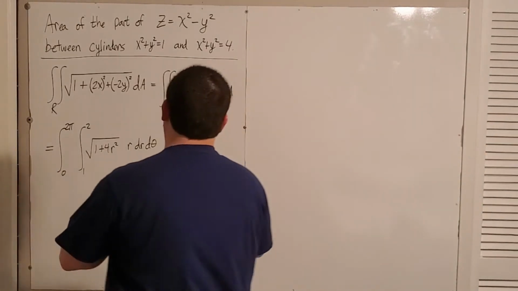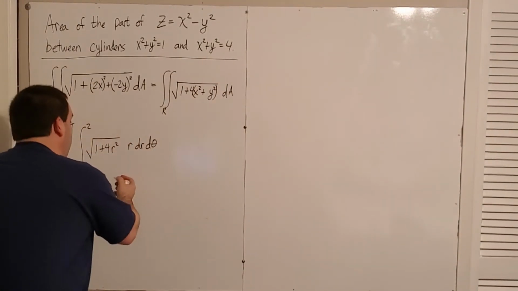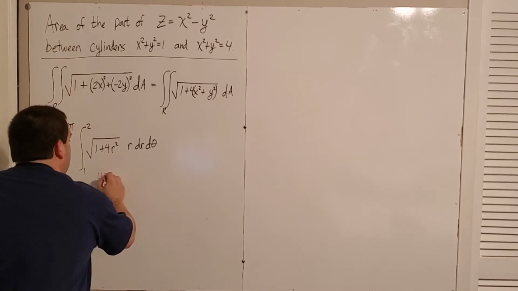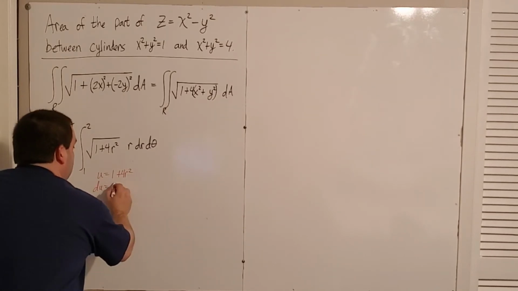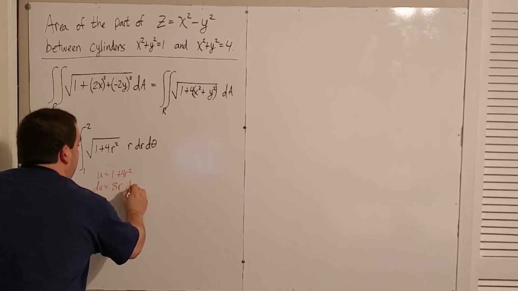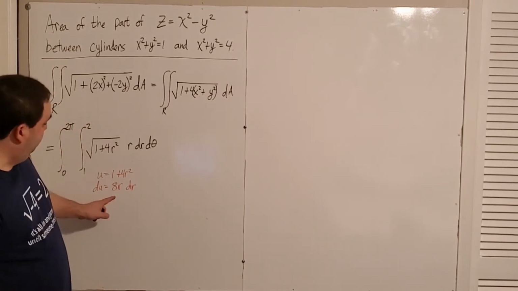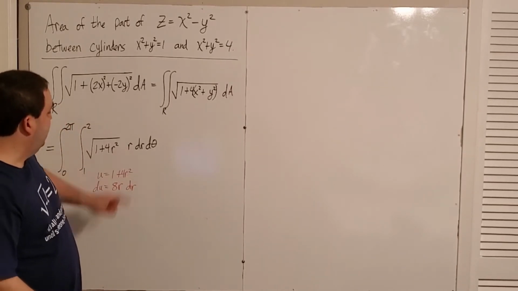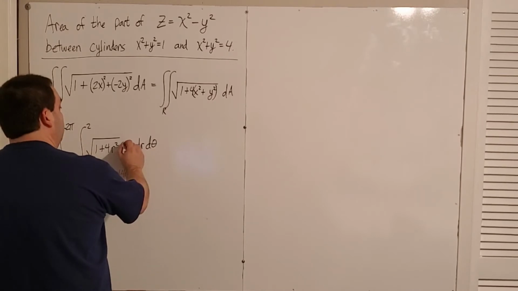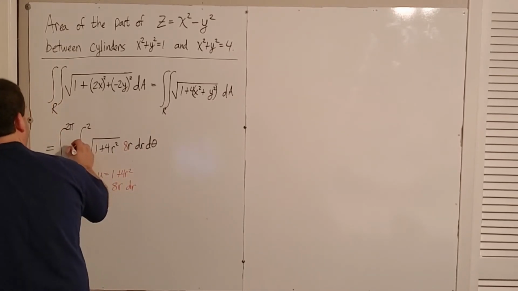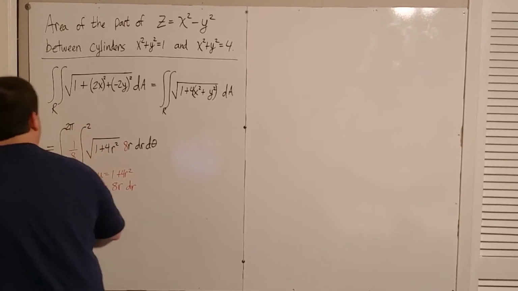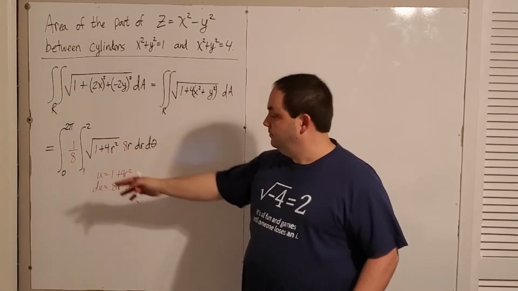My substitution here is I'm going to let u equal 1 plus 4r squared. So my du is going to be 8r dr. Well, all I'm missing is the 8. I'll do a times 8 here, and I'll do a 1 over 8 out front.